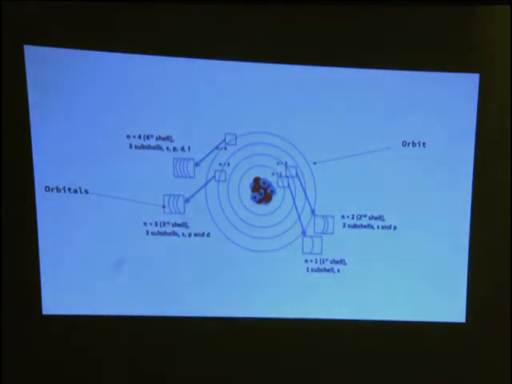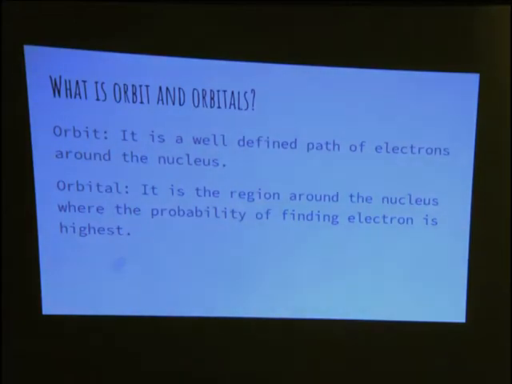So here you can clearly see in the diagram. This is the orbit, and the subdivision of the orbit is our orbitals. Okay, now what is orbit and orbitals? Orbit is a well-defined path.